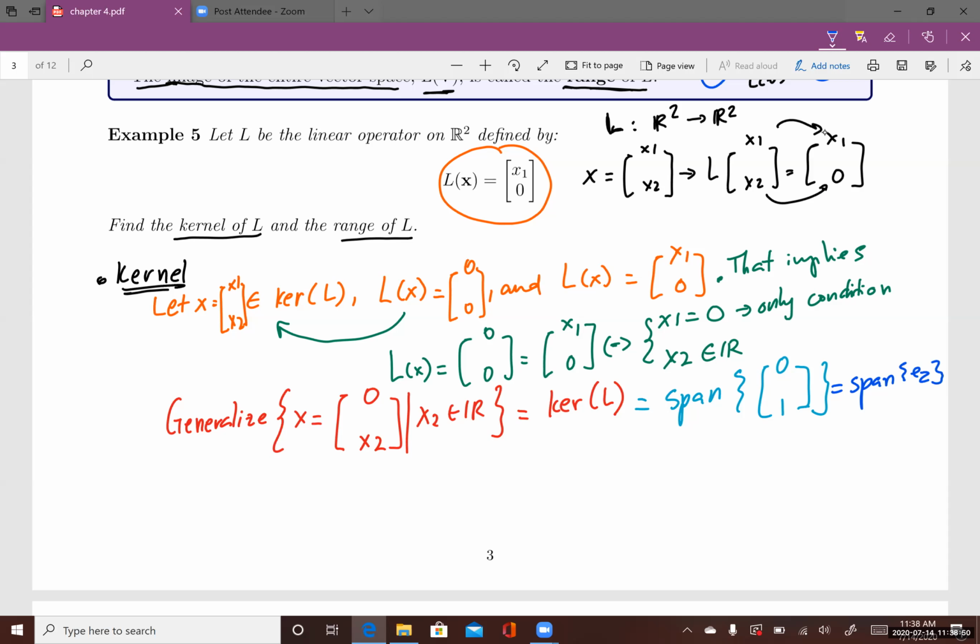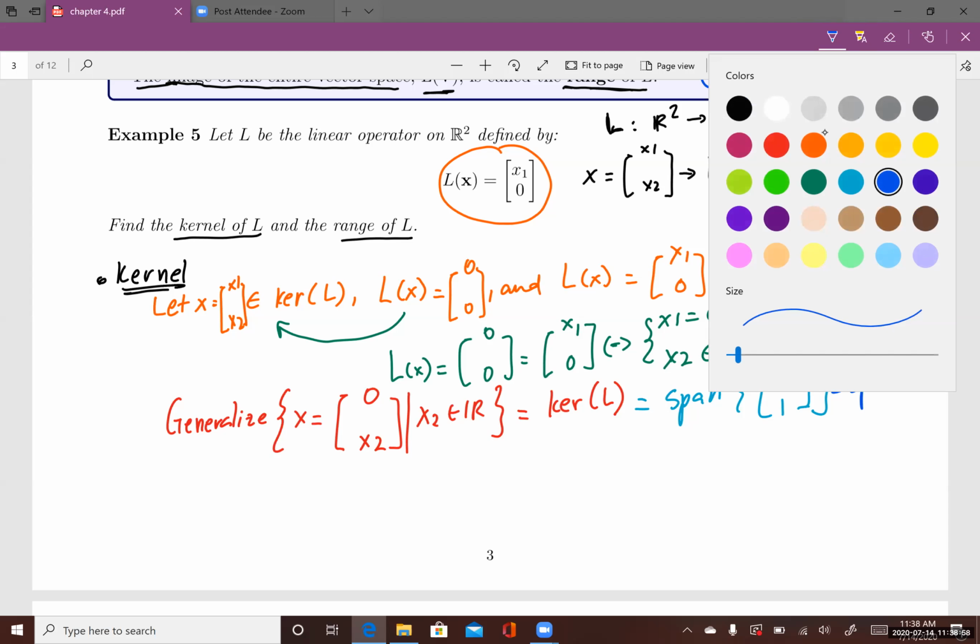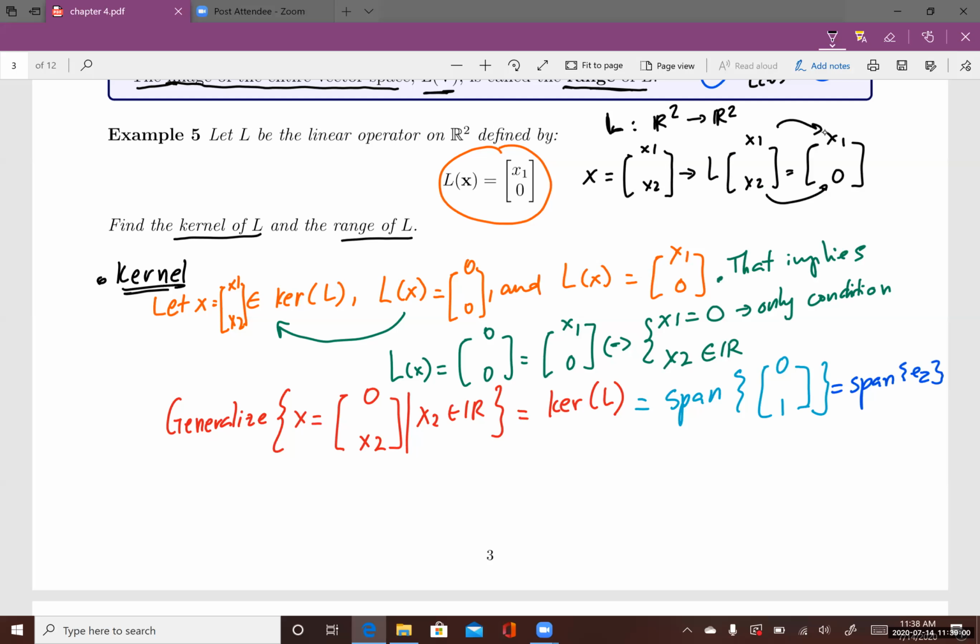What is the span of E2? You can try to visualize this. E2 is the vector on the y-axis, so this is E2 right here.